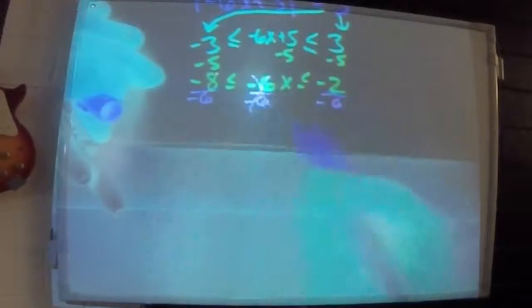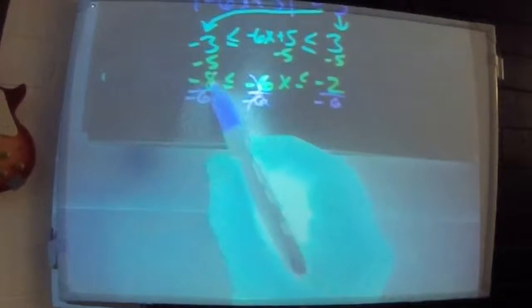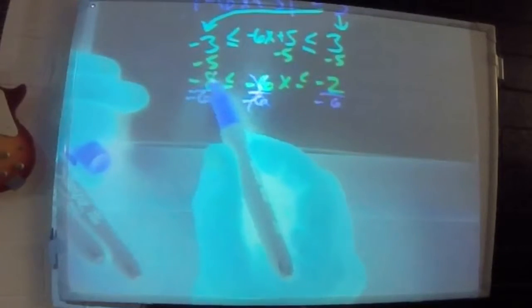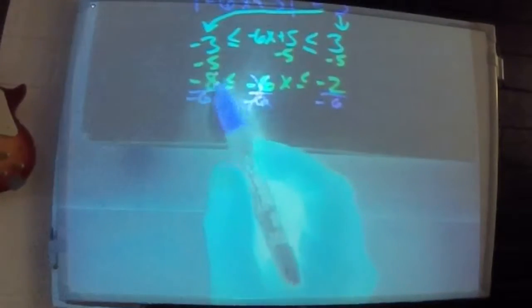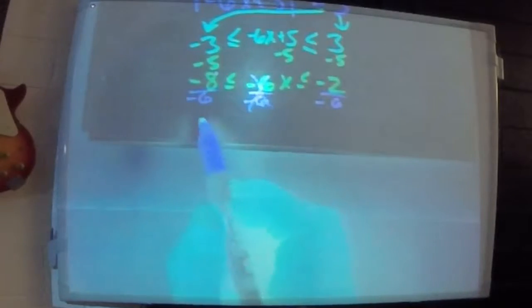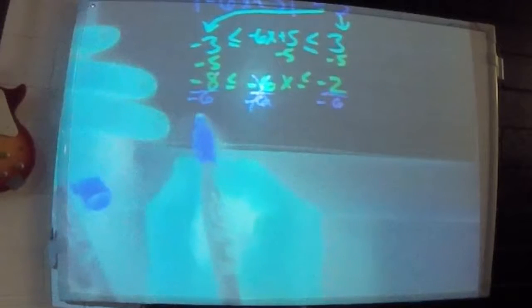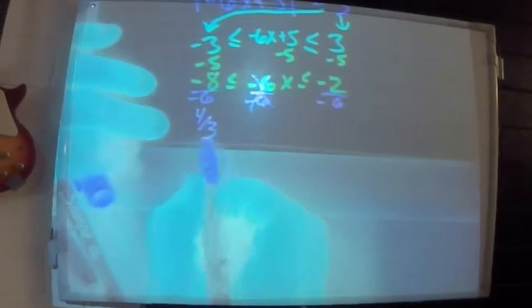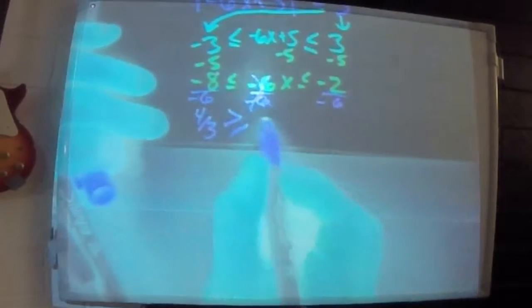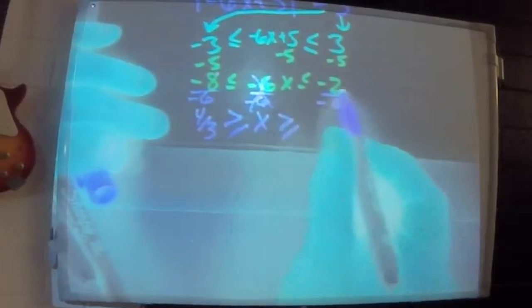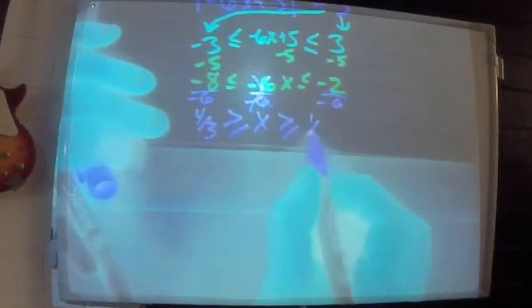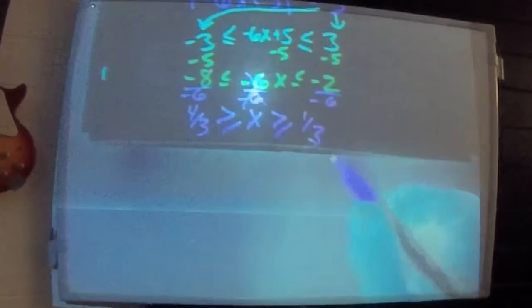That crosses there. This makes positive. This is 4/3. If you don't see that, put it in your calculator, but if you just reduce 8/6, it becomes 4/3, and it's positive because we got negative over negative. 4/3, sign flipped, x. Sign flipped, 2/6 becomes positive 1/3.